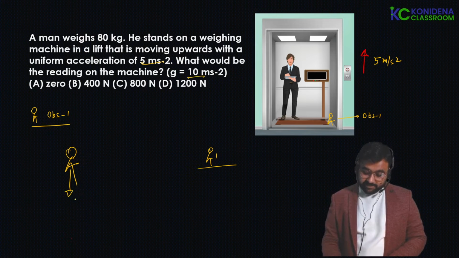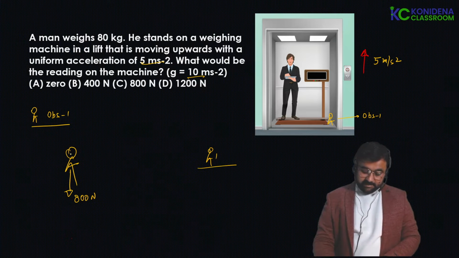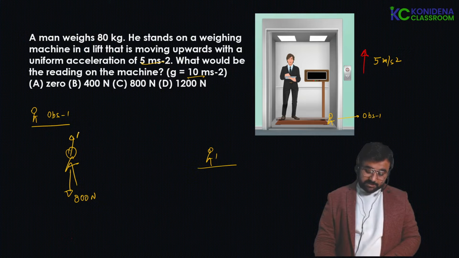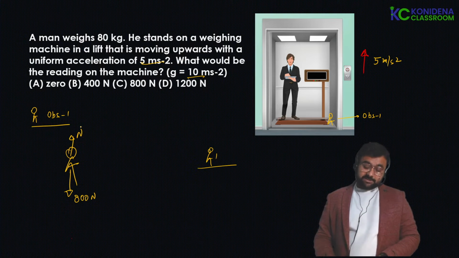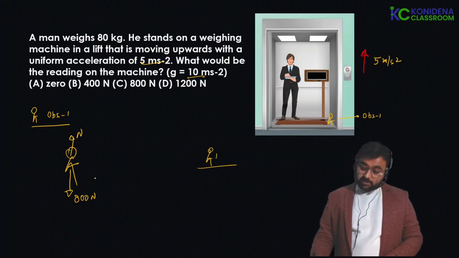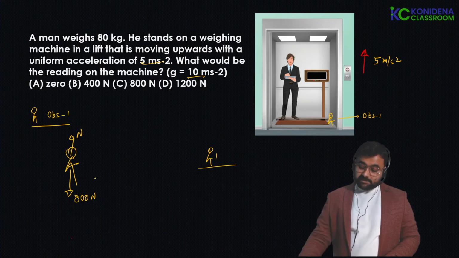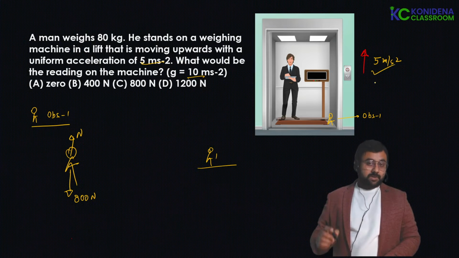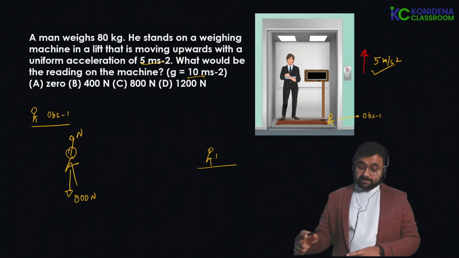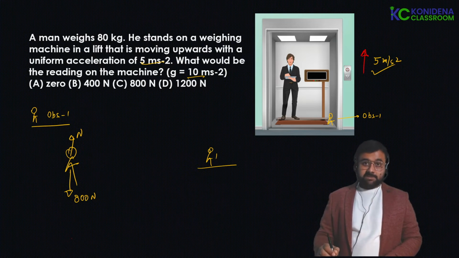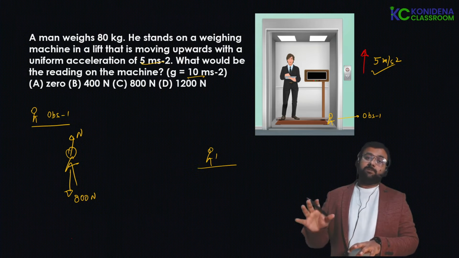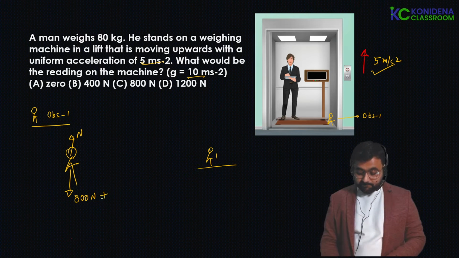So 80 into 10 is 800 newton, acting downward, and the normal reaction. But since this lift is going up with some acceleration, that observer will apply pseudo force also, opposite to the acceleration of the frame of reference. The lift is going up, so the pseudo force will act down, and that is the mass of the person times the acceleration of the lift, that is 80 into 5.